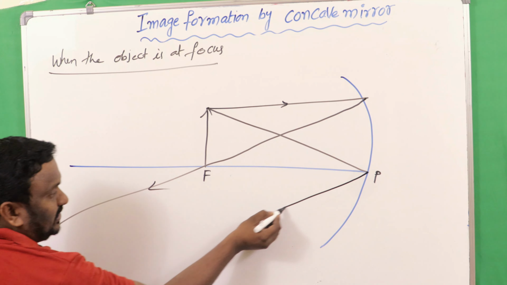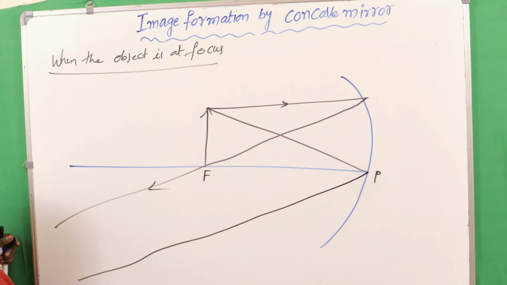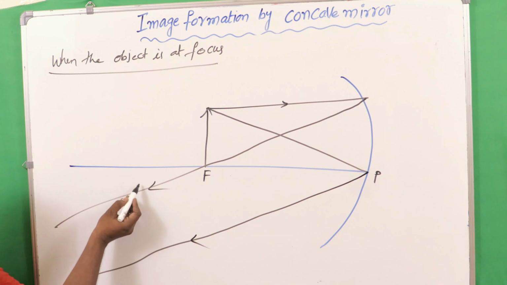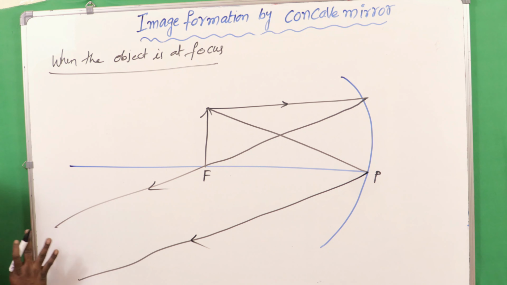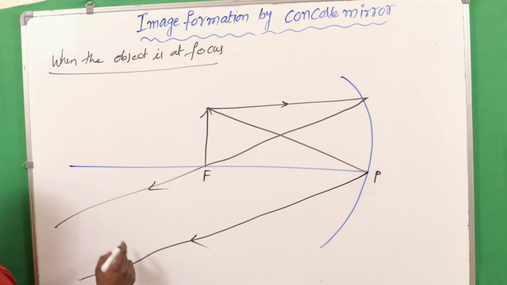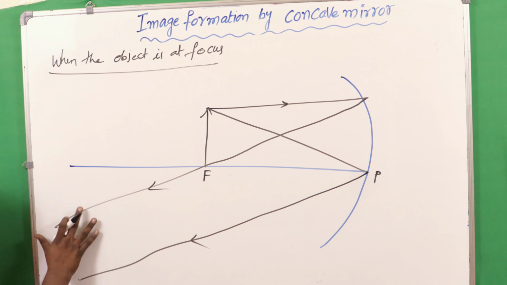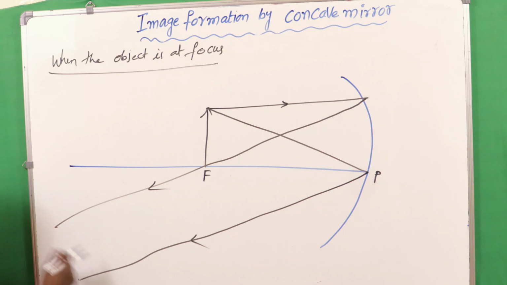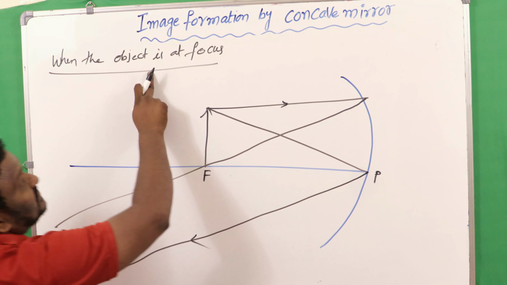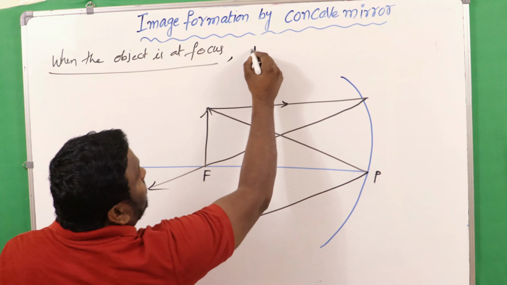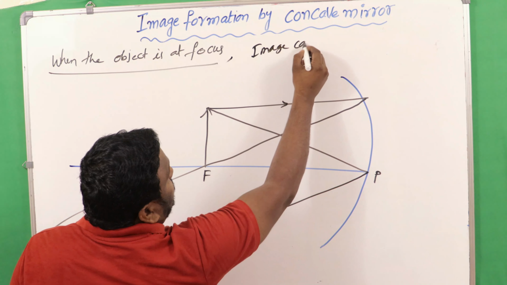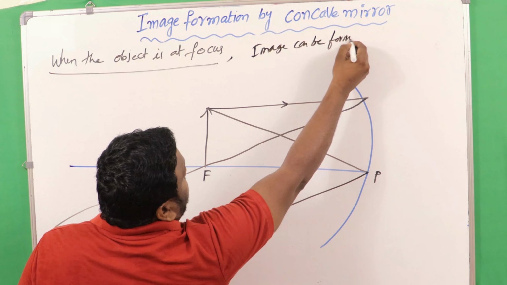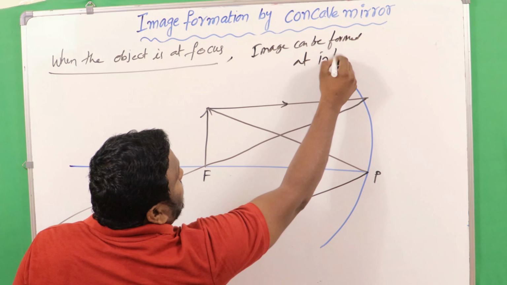With the same angle, the ray is reflected. So these reflected rays never meet each other, because the image is formed at infinity. That's why we show the reflected rays separate, clear. So when the object is at focus, the image is formed at infinity.